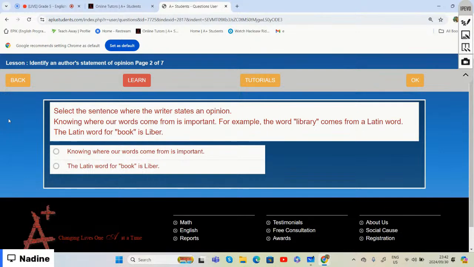What is the author's opinion? Is it option one or option two?